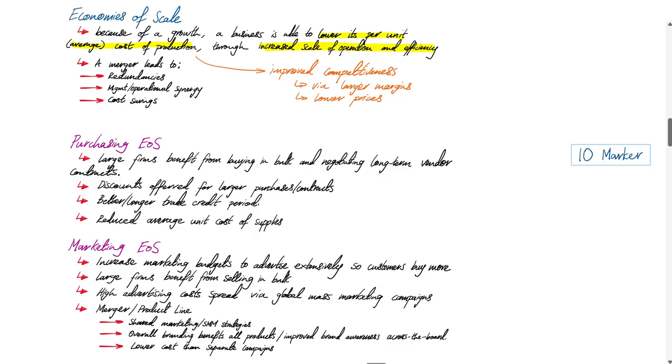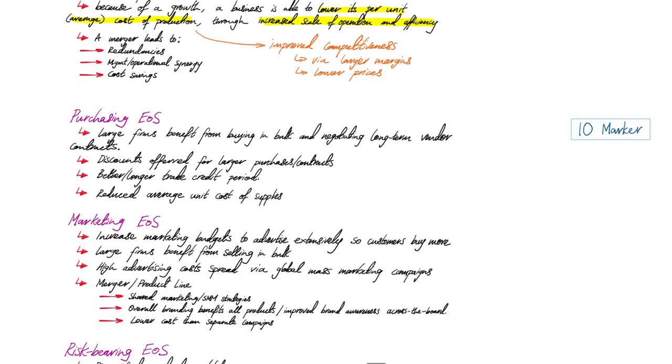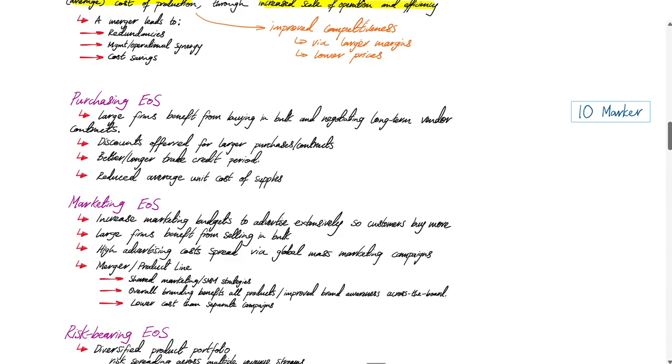Purchasing economies of scale. If it buys its, I think it was limestone and clay, right? In the case study, the materials, if they buy those materials for its concrete in bulk, since they're the largest concrete producer, they buy so much of this raw material, they can produce it at a very low cost because they're buying in bulk, getting discounts.